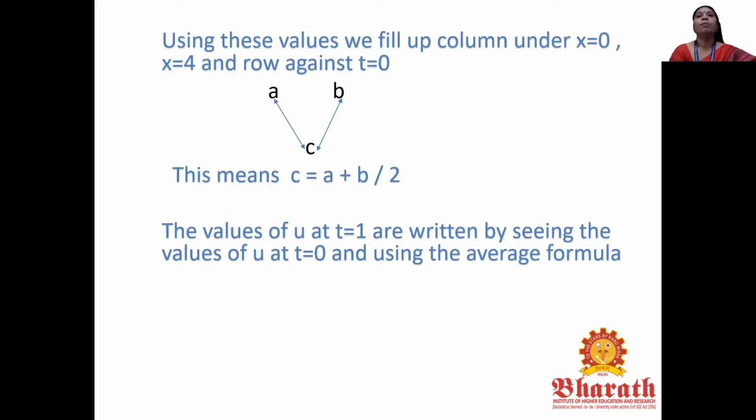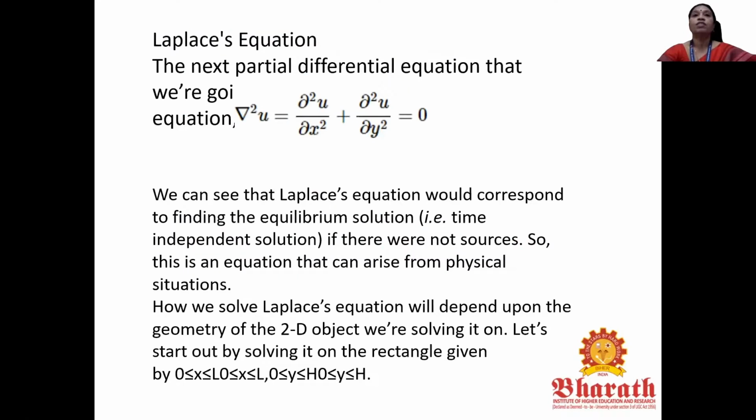If you add a and b, and divide it by 2, you will get c. That means c is equal to a plus b by 2. This can be represented by the diagram shown in the slide. So the values of u at t equal to 1 are written by seeing the values of u at t equal to 0 and using the average formula.